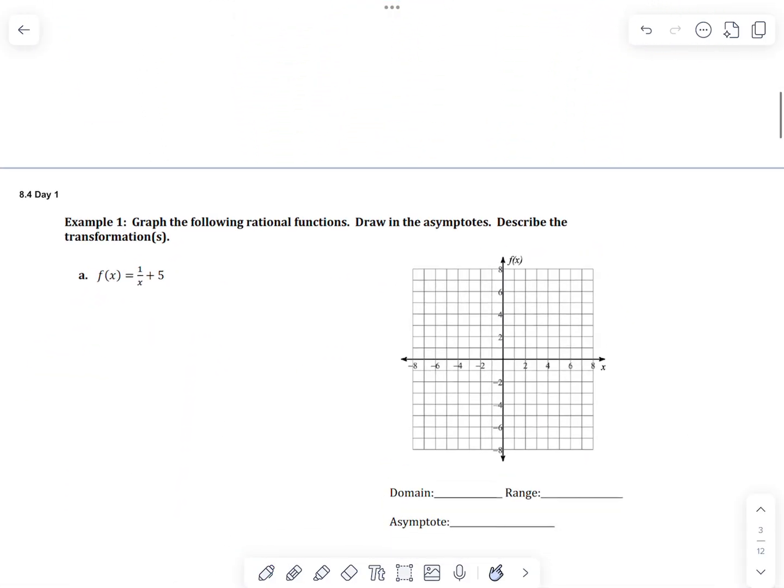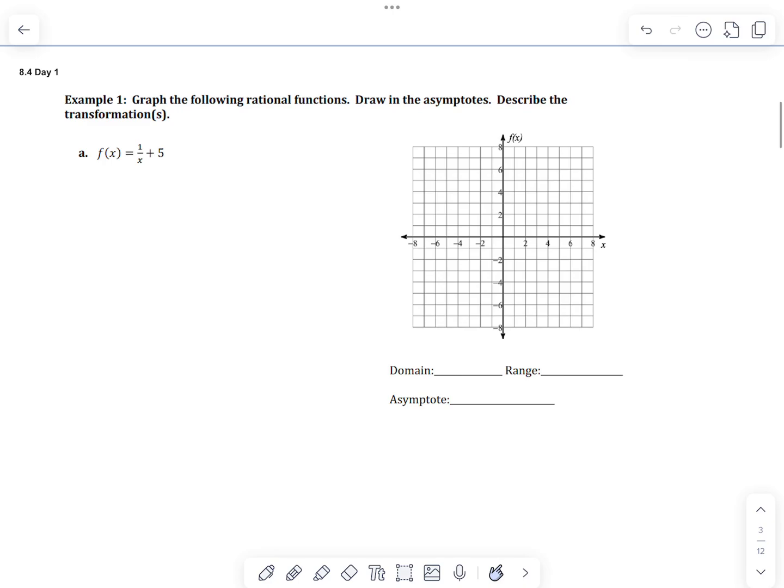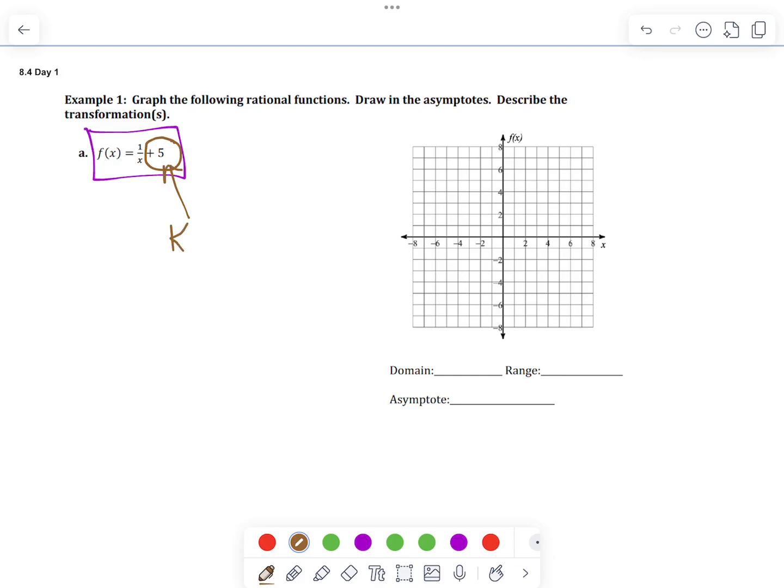All right, so now we're going to apply the transformations to this first function. So here's our first function, f of x equals 1 over x plus 5. What is the transformation? We have a plus 5, which is our k. And that k is a positive number.